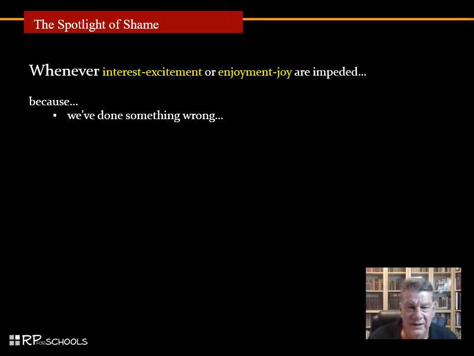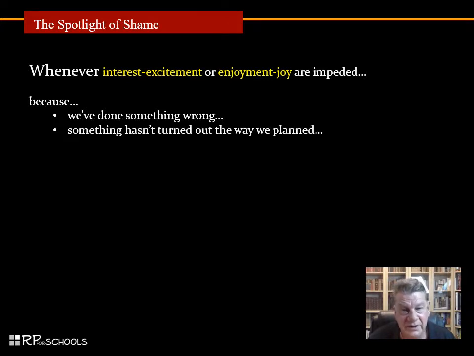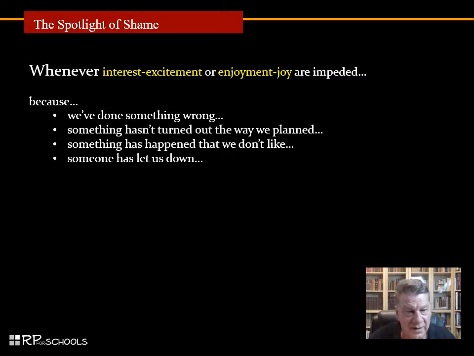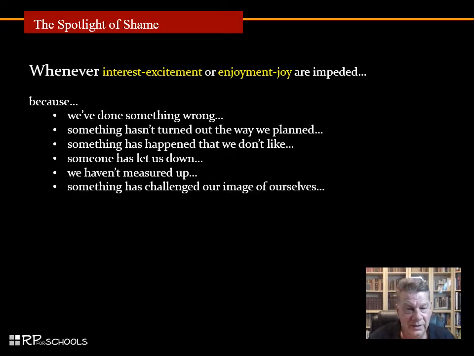So whenever interest, excitement or enjoyment, joy are impeded because we've done something wrong, but it may not be that we've done something wrong. It might just be something hasn't turned out the way we planned, or something has happened that we don't like, or someone has let us down, or we haven't measured up. We're not as beautiful or as tall or as thin or as young as we'd like to be.